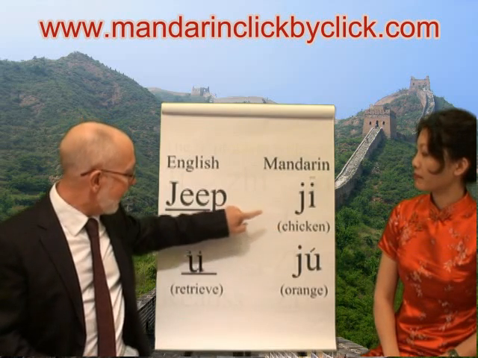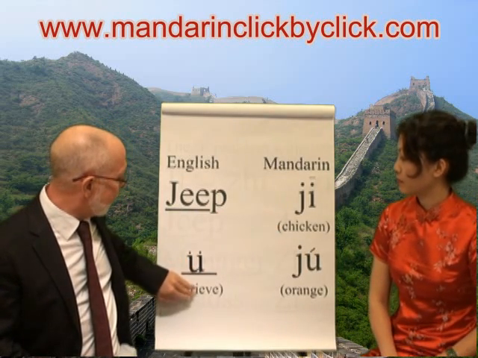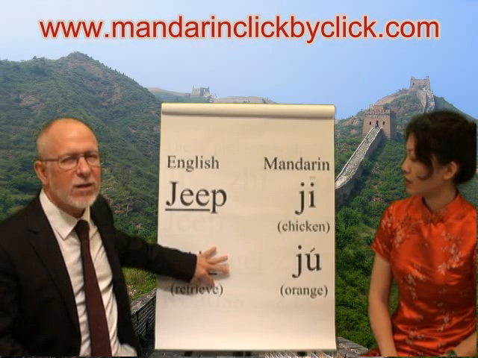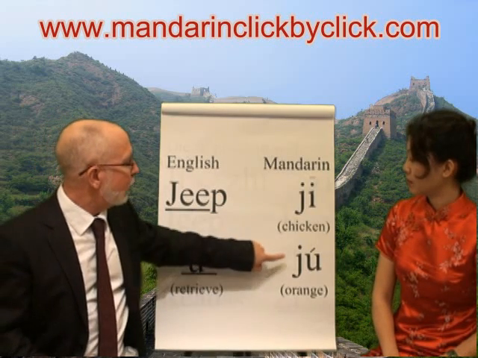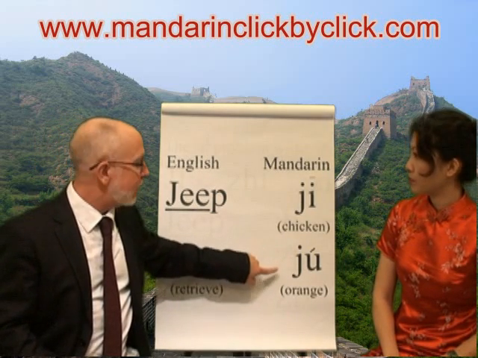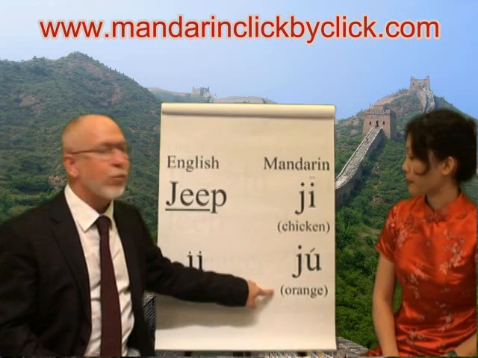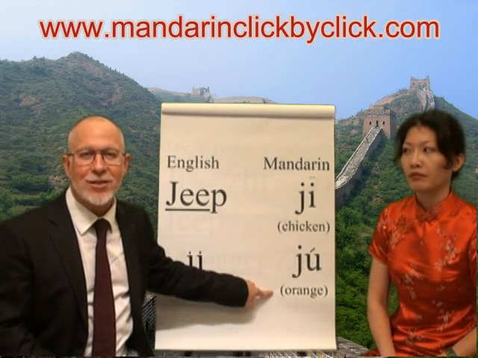All right? If we use a U sound, remember U sounds a little bit like "retrieve" there, just a little bit U sound with the J sound. You have, in a second tone, ju. You have the word for orange in Chinese.